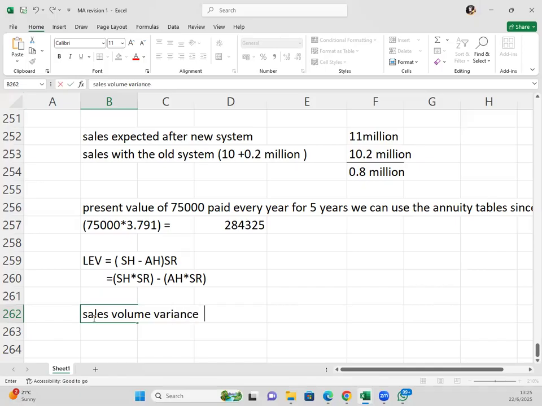So for the sales volume variance, we can say that's the actual volume or actual sales minus the budgeted sales times contribution.